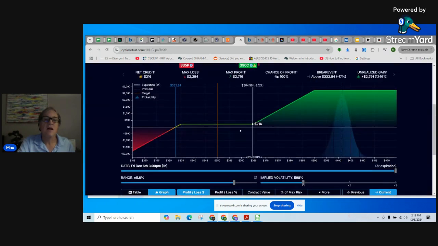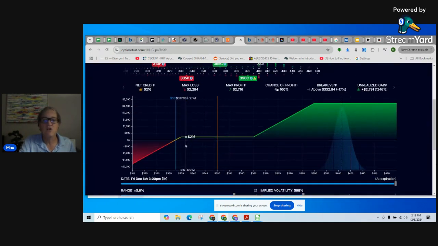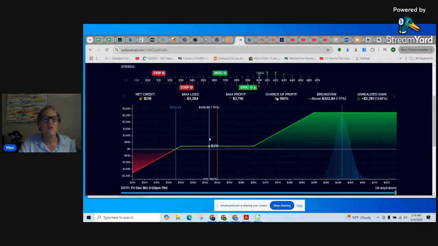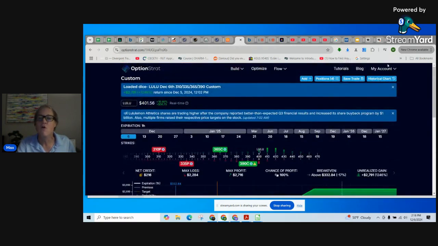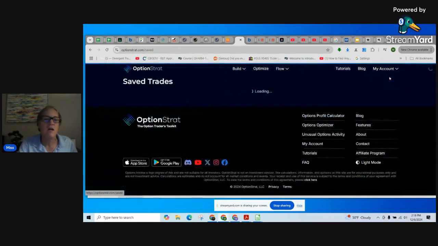So it has a big flat spot in the middle, and it has a big buffer. Lulu would have had to drop more than like 5 or 6% for this to lose money. That's all we were playing for, Lulu not to drop 5 or 6%. And if Lulu happens to be up 10, 15, 20%, like it was at 25%, then we stand to profit extra. So that's the hit and run.